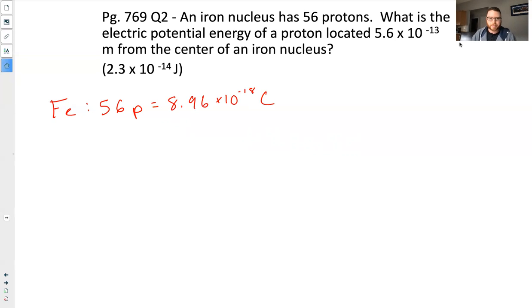What is the potential energy? The Q of a proton is 1.6 times 10 to the negative 19 coulombs. And the distance we're given in this problem is 5.6 times 10 to the negative 13 meters.